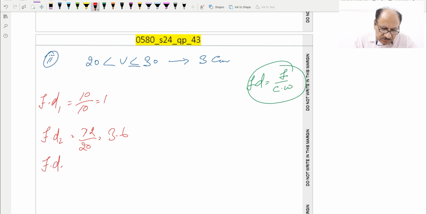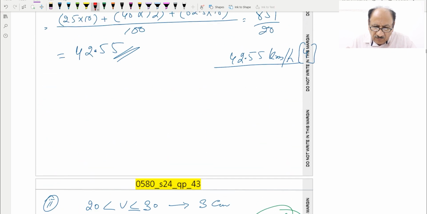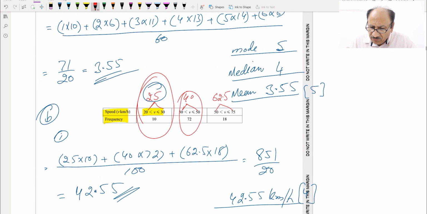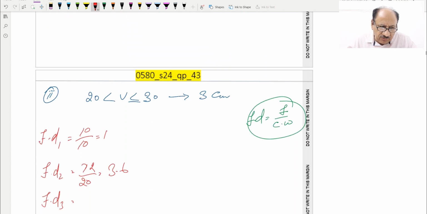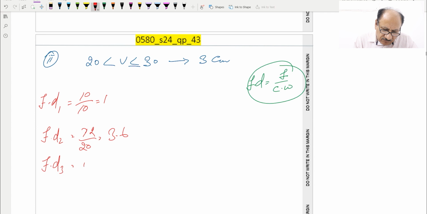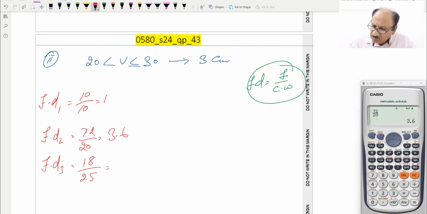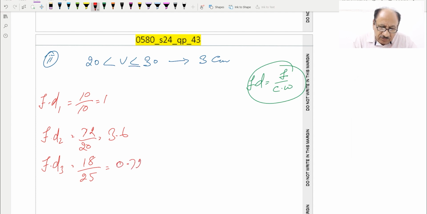And the frequency density for the third one will be 18 divided by 75 to 50, so 25. So 18 divided by 25 is equal to the decimal value 0.72.